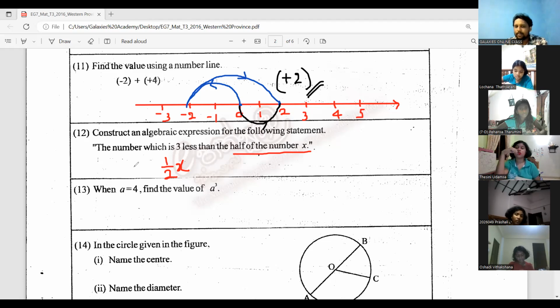So what do you have to do? Is this one correct or incorrect? What do you think? Incorrect. Incorrect, no? That means half x less than 3. So how can you write 3 less than half of the number x, right?